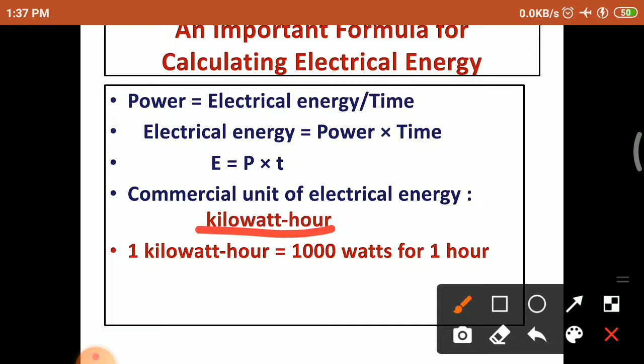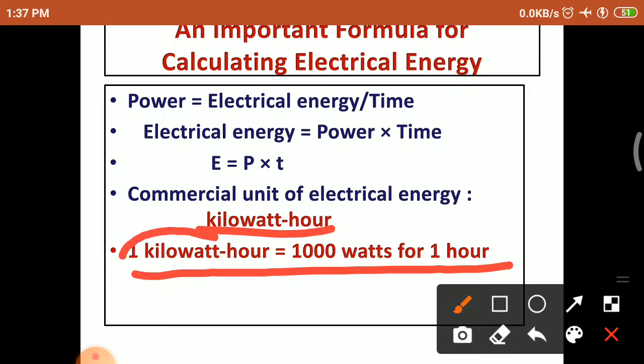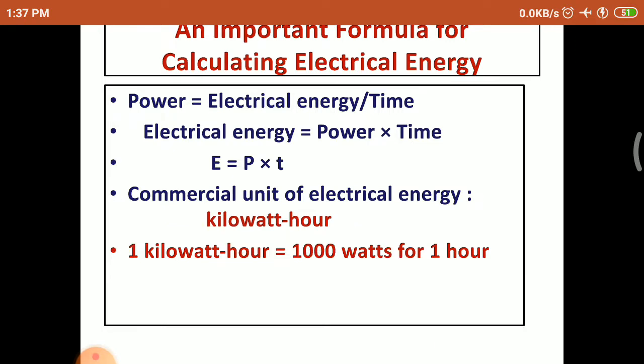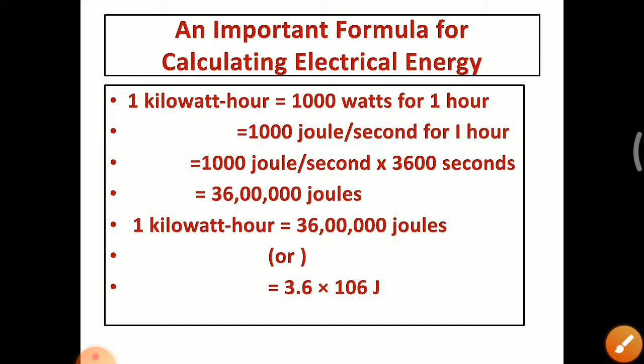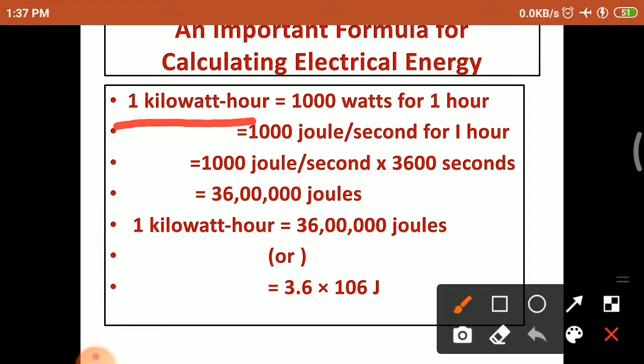So 1 kilowatt hour equals, instead of kilowatt I can write 1000 watt, so 1000 watt for 1 hour.